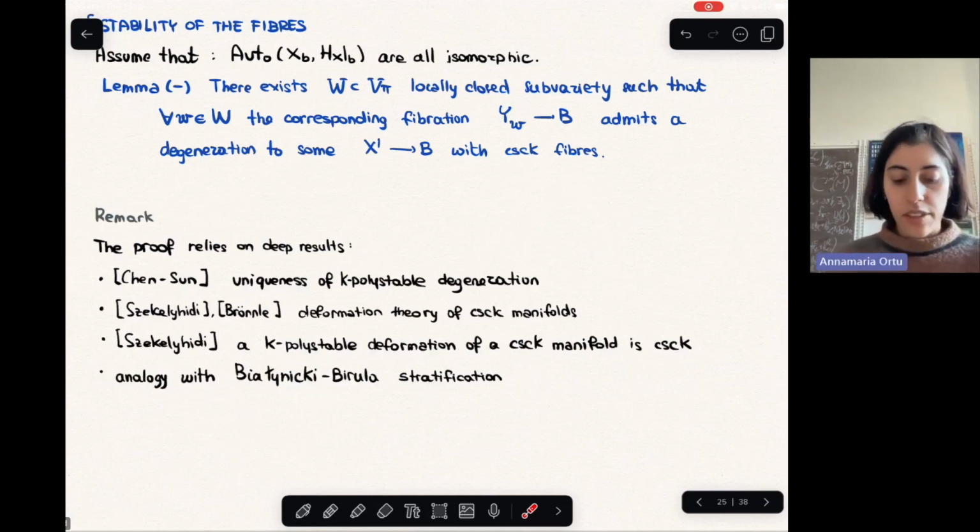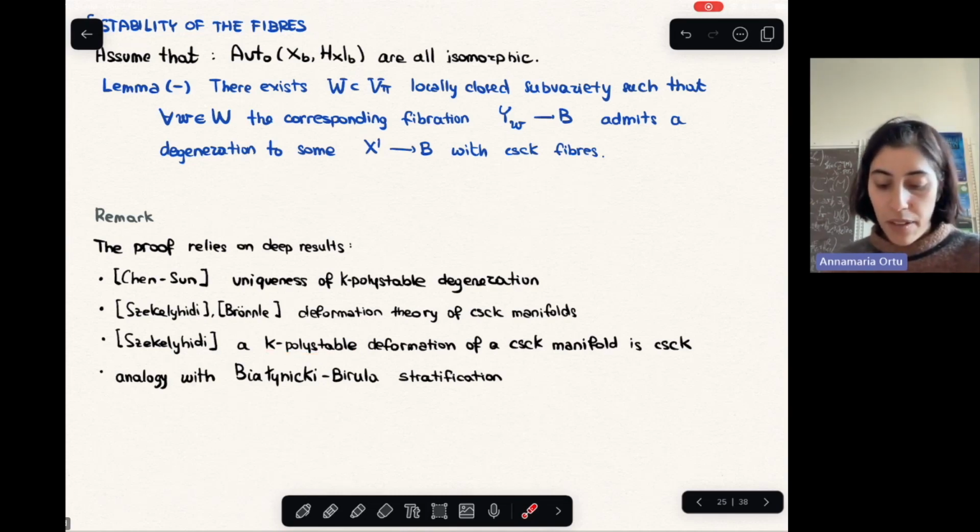so then there are some results that ensure that the K-polystable degeneration is actually unique, and then it relies on the deformation theory of constant scalar curvature metrics, and the fact that if you have a K-polystable deformation of a manifold with constant scalar curvature, this also has a constant scalar curvature metric.